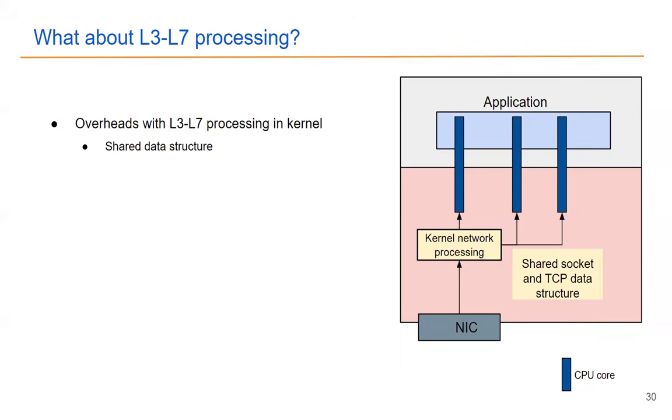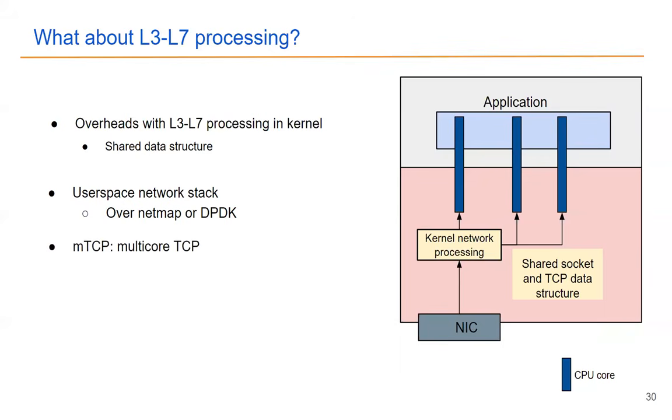So, what do we need now? We need a user space network stack which can work over kernel bypass mechanisms like netmap or DPDK and also handle these shared data structure based overheads. A popular stack in this regard is mTCP or multi-core TCP.